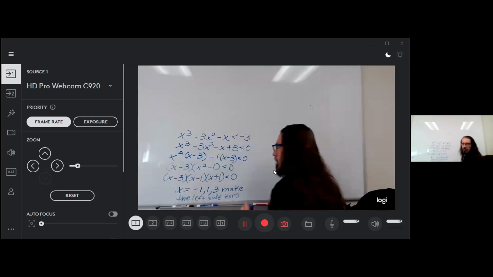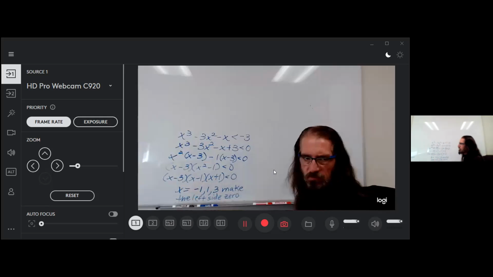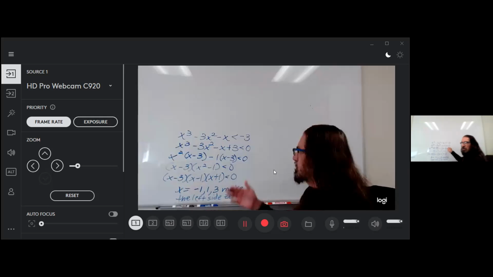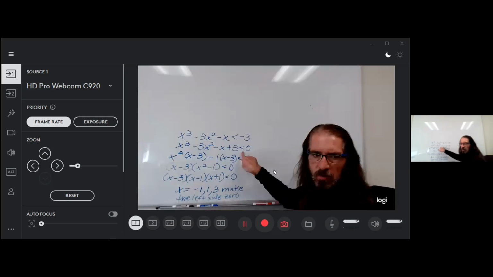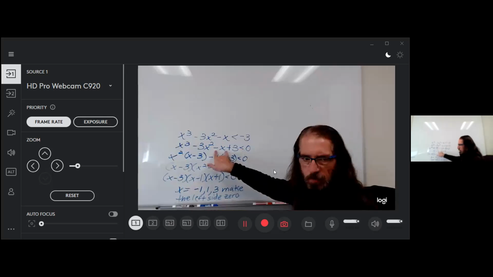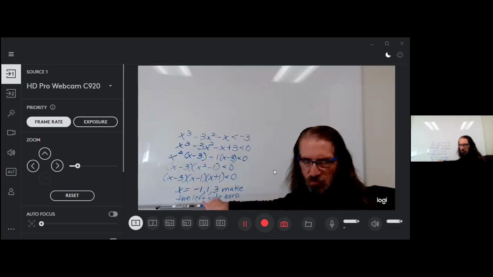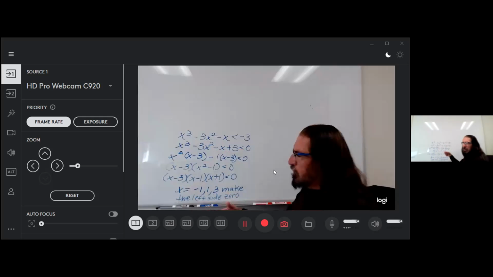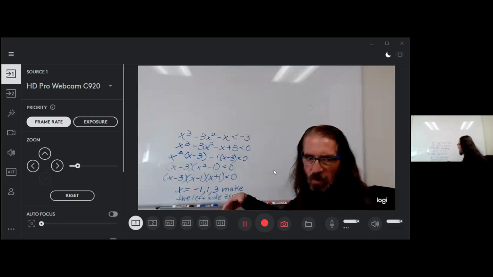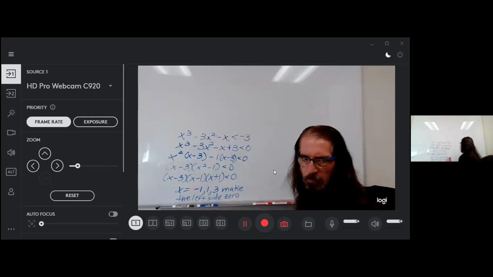Those are the only places that we could have a change in signs of what's on the left-hand side. That doesn't mean they will cause a change, but if there is a change, switching from negative to positive or positive to negative, these are the only values of x that will do the job.